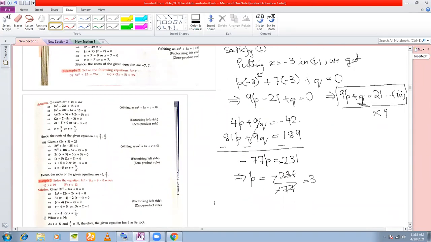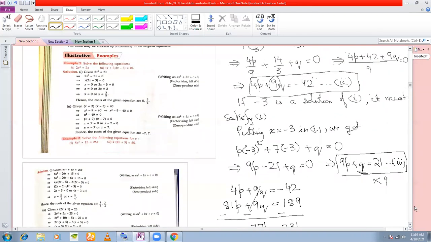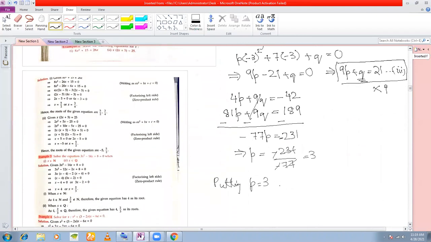Okay, and so putting p is equal to 3 in any one of the equations. Let us put in the equation with lower coefficient. I think equation 3 is the equation with lower coefficient. Let us put in 3. Put in p is equal to 3 in 3.